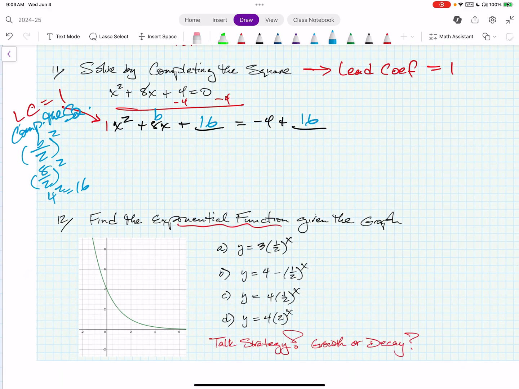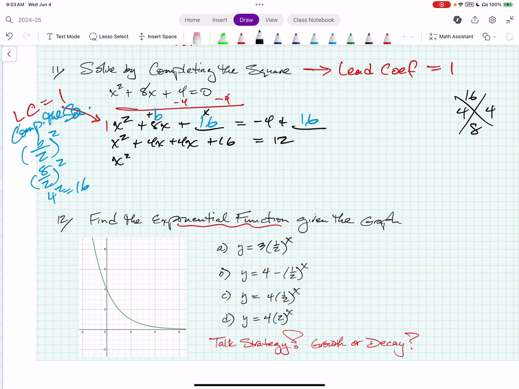We did that. Now you factor. Okay, so here we go. So now we play the factor game. Do we know two numbers that multiply to 16 and add to 8? Yes, we do. Two numbers that multiply to 16 and add to 8 are 4 and 4. So here, x squared plus 4x plus 4x plus 16, and -4 plus 16 is 12.